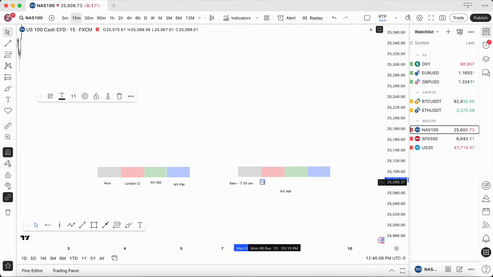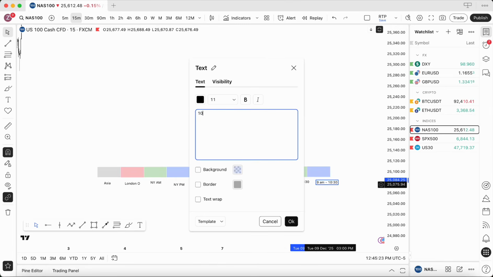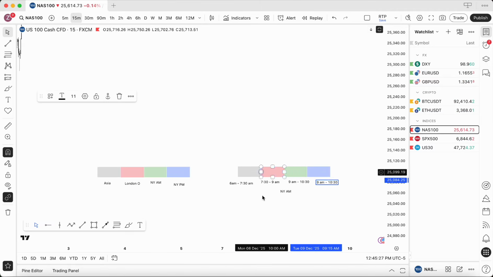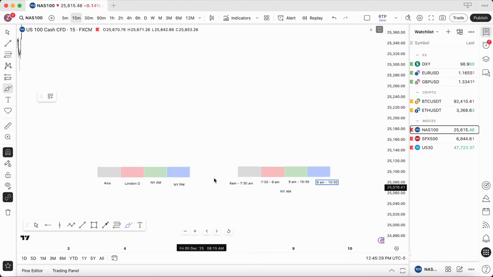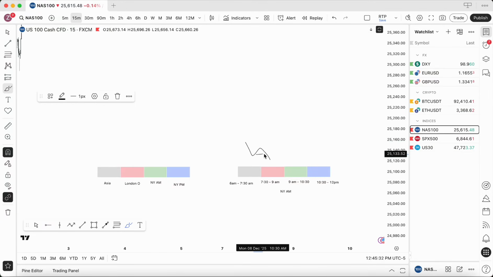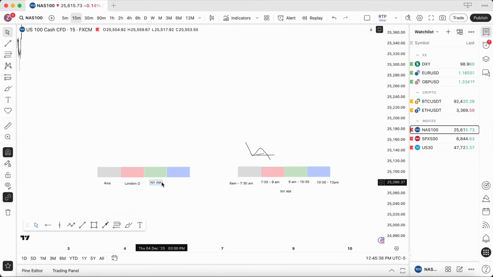So from 7:30 onwards to 9 a.m. is Q number 2. Q3 is the highest probability because it's meant to be for distribution, and it's between 9 a.m. to 10:30 and 10:30 to 12 p.m. This is again dividing your sessions. And you can trade for scalp like that with between the pairs.